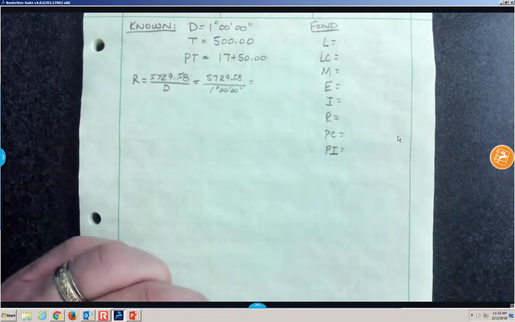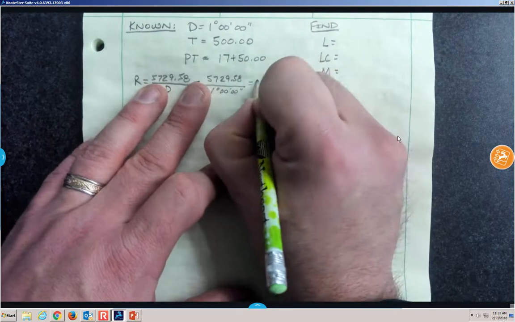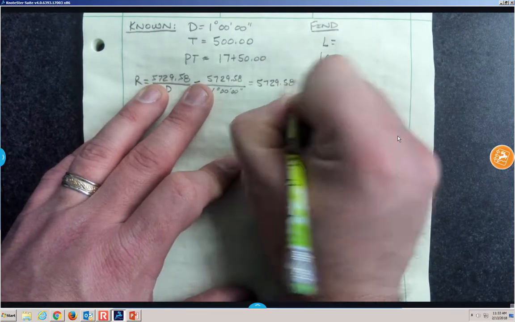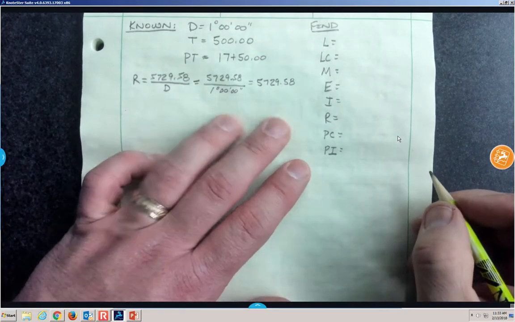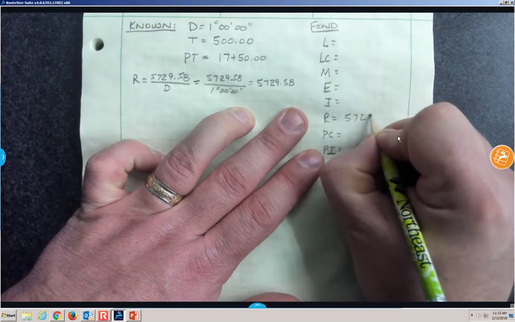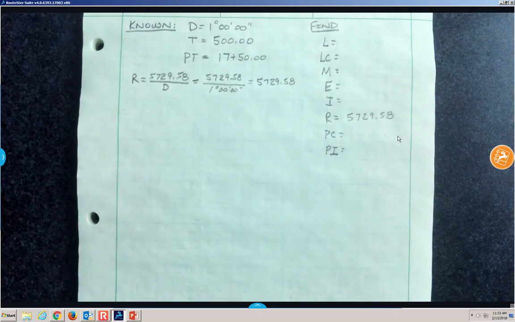So what's R? 5,729.58 is R. That was a simple one.